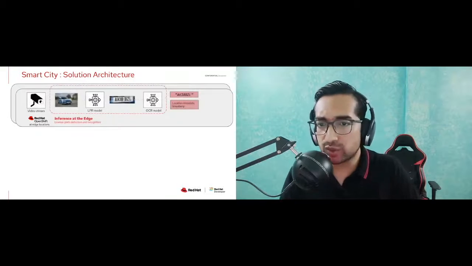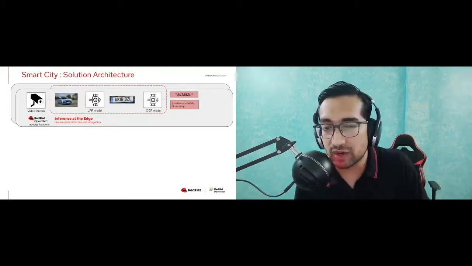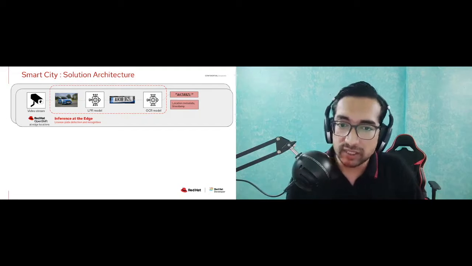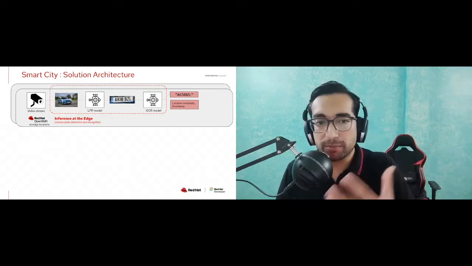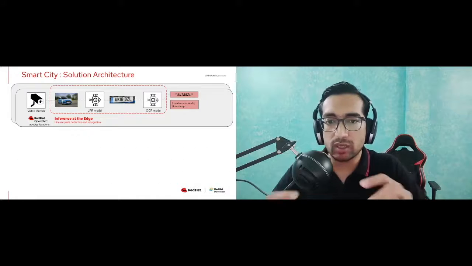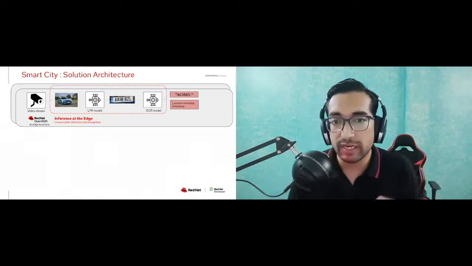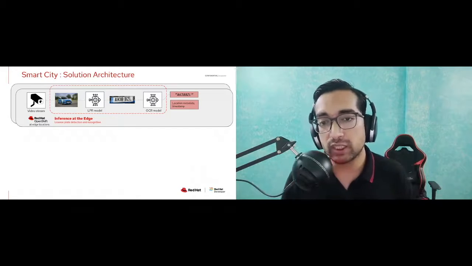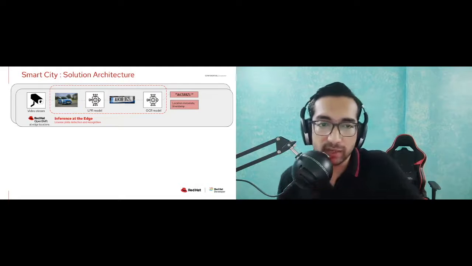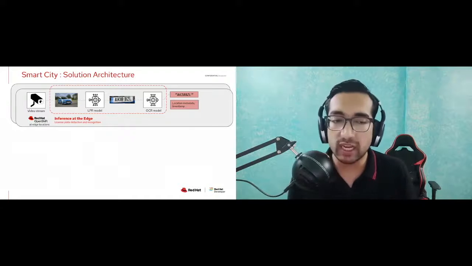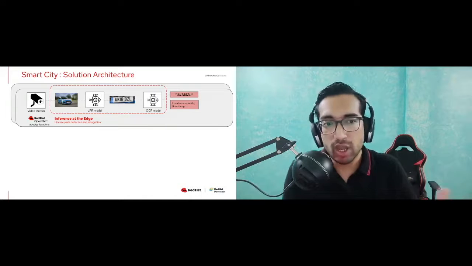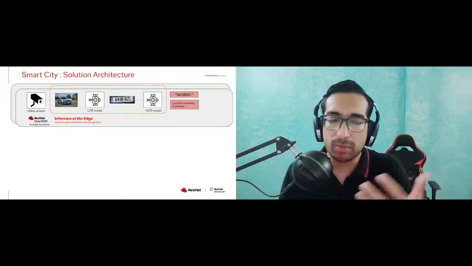As the video streams produce live images, the images go into a license plate recognition model. This model extracts the areas of the image where it detects a potential license plate, and then gives this subset of the image to an OCR model, an optical character recognition model, which reads the letters from the number plate.